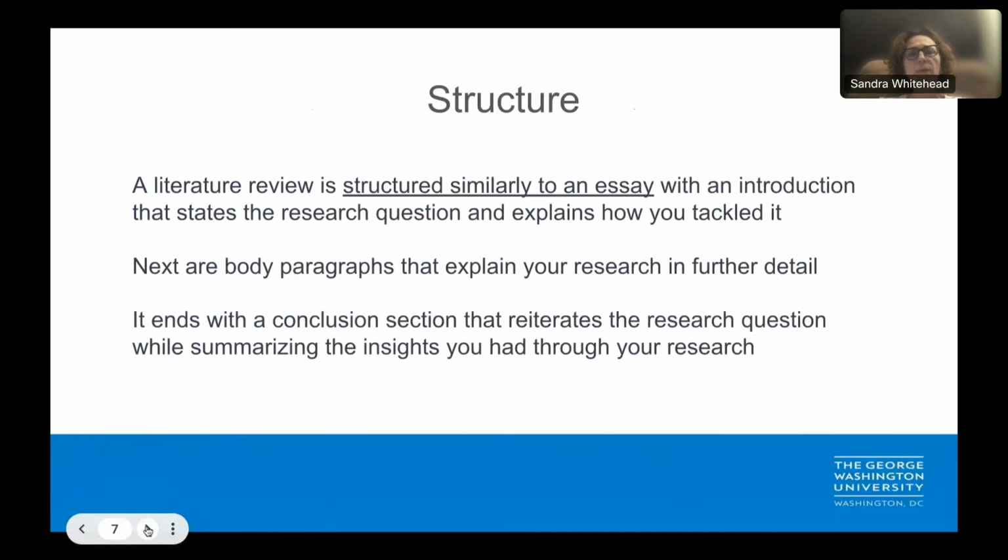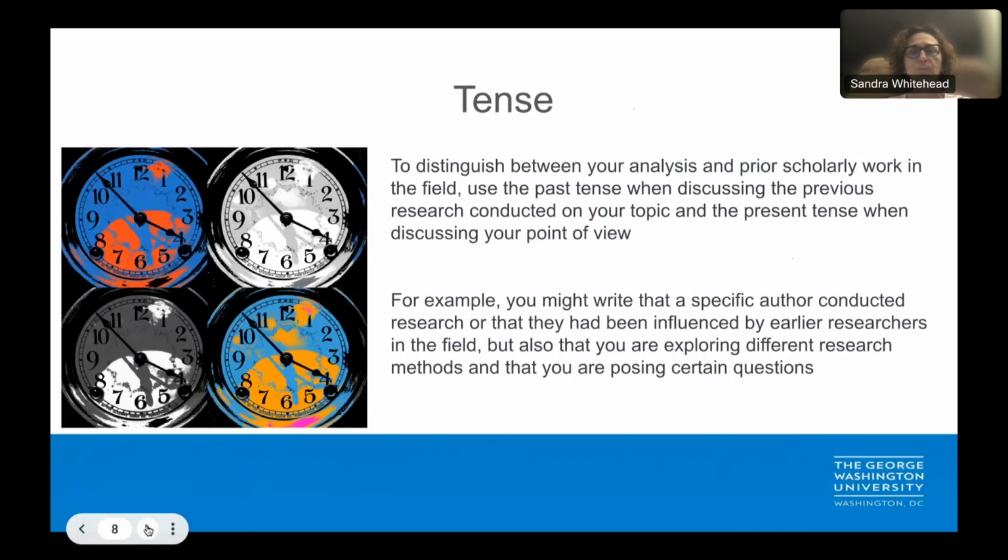So a literature review is structured kind of like an essay, right? It has an introduction, it has a body, and it has a conclusion. Making sure throughout your literature review that you're watching your tense to distinguish between your analysis and prior scholarly work.